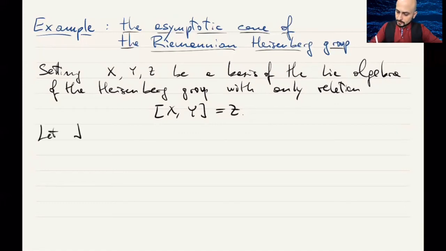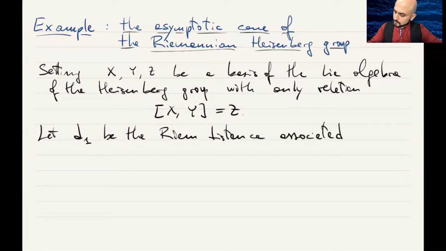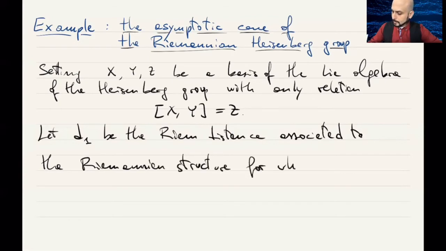So let d1 be the Riemannian distance associated to the Riemannian structure for which the vectors x, y, and z are orthonormal at every point.